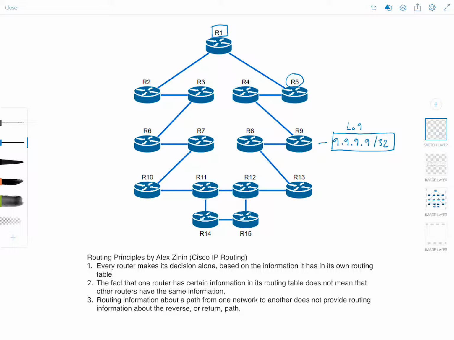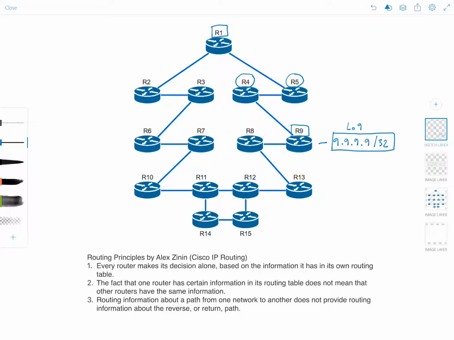So again, let's go back to this example. Let's say that the ping from R1 got all the way to R9, and all of these routers on the path were able to successfully route it.